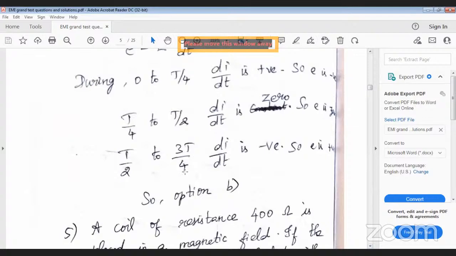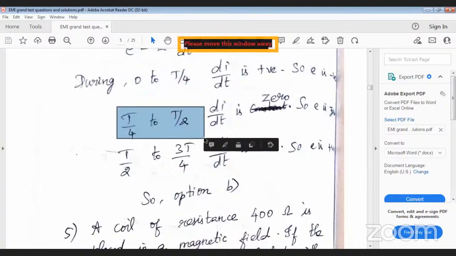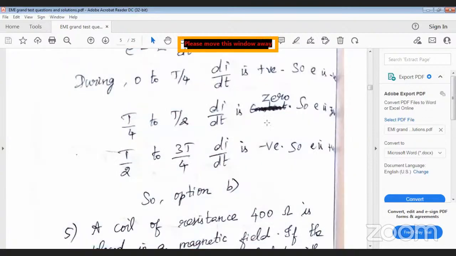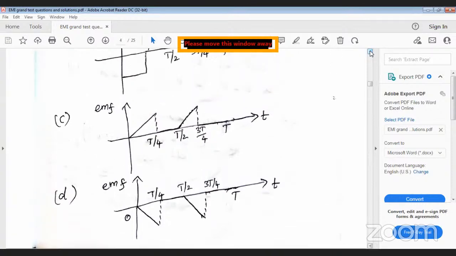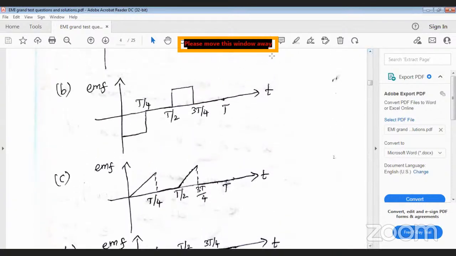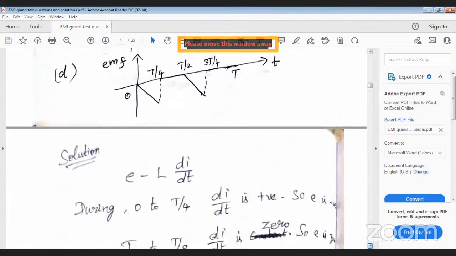So all these things can be satisfied by option B. Initially negative variation of EMF for this region, then zero value of EMF for this region, and then positive value of EMF for T by 2 to 3T by 4. So that is option B, and in option B you can see that variation. So that's why option B is the right answer.